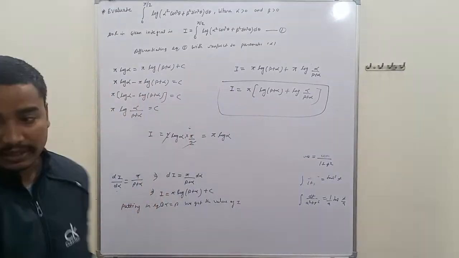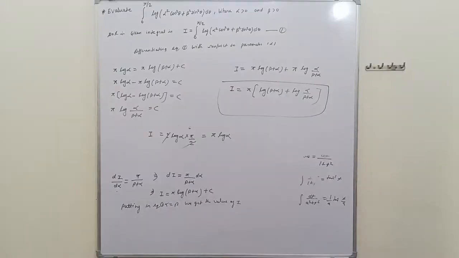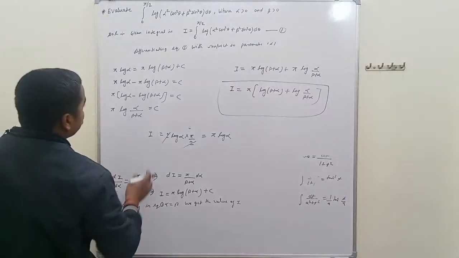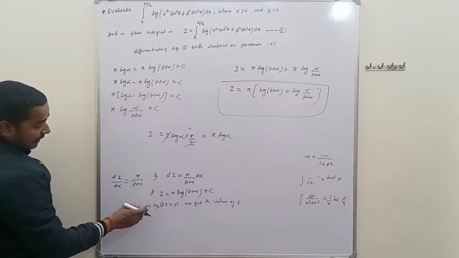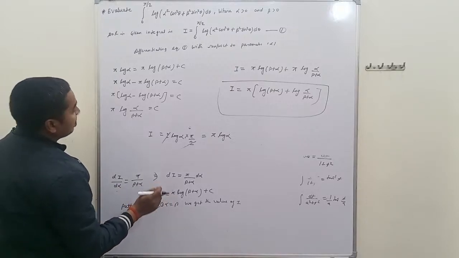Once again we check the answer. When we calculate the value of c, we put alpha is equal to beta.